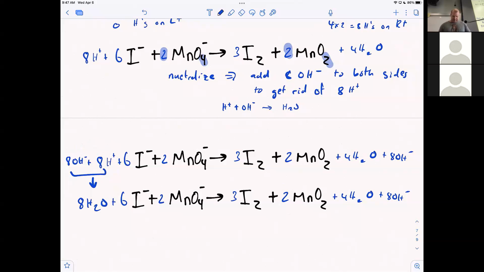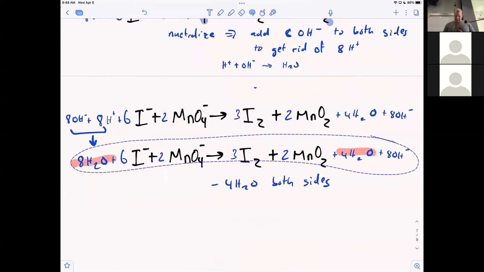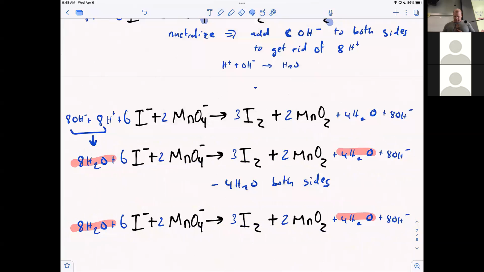And now another step. There are 8 waters here and 4 waters here. So we need to subtract 4 waters from both sides.